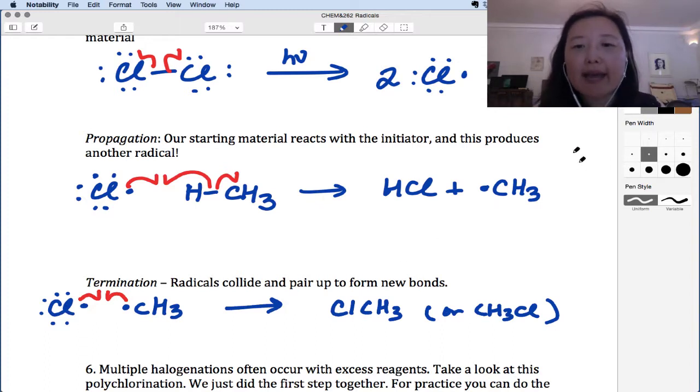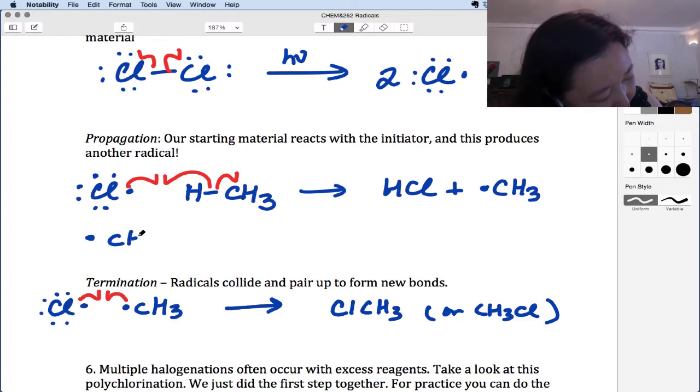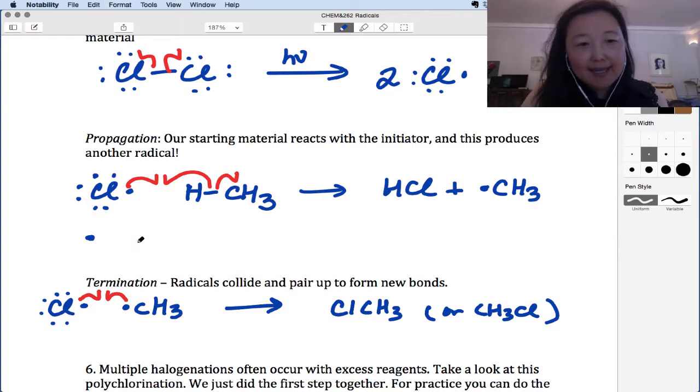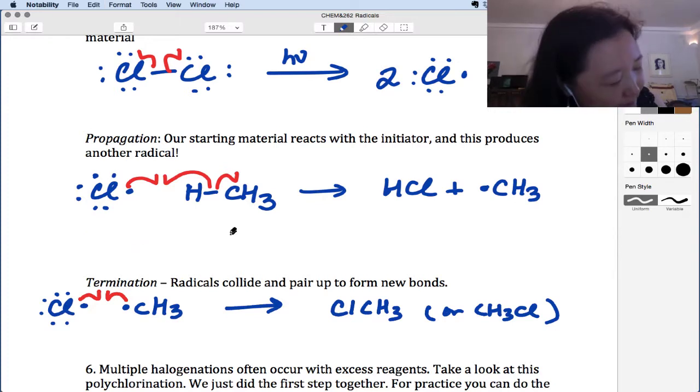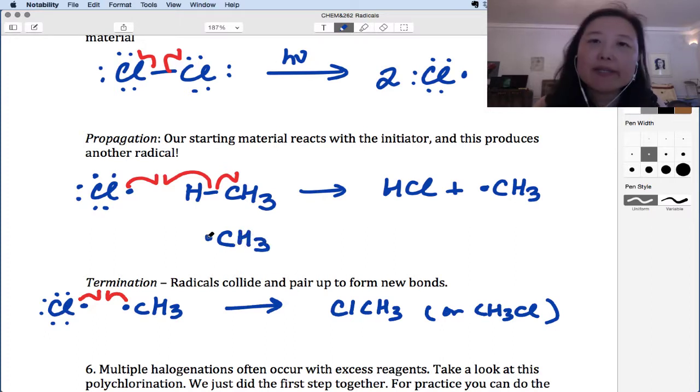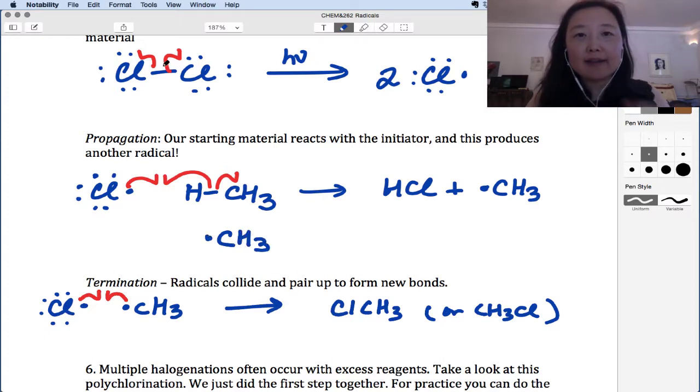Another thing that can happen is this radical can do something called a chain reaction. That is, it can continue to make more radicals. I'm going to show you how we don't have to cut all of the Cl2 at the beginning. We just need a small amount of initiator to get this started, but we don't want to cut all of our Cl2 because they'll just come back together. So we just want a little bit to get this started with methane.